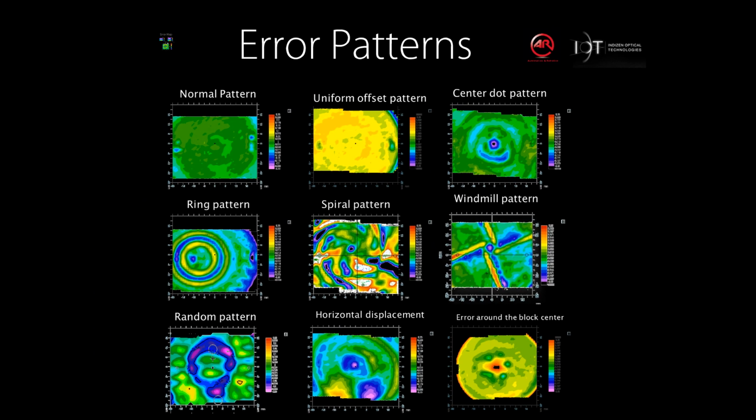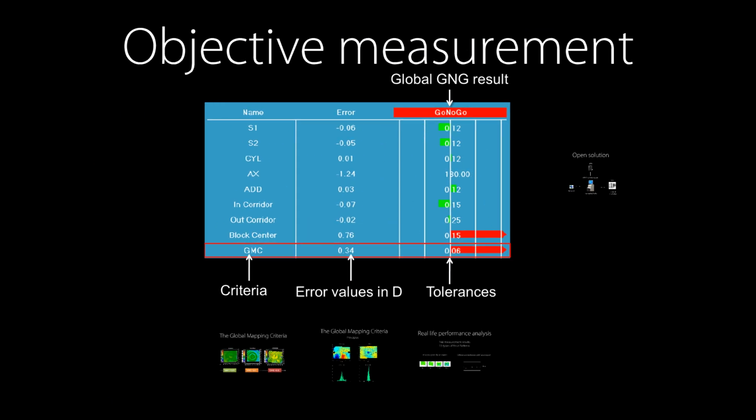And the importance of this error can be objectively quantified using the go-no-go feature of the Dual Lensmapper. It includes different criteria. Each criteria provides an error value and a tolerance, leading to a go or no-go decision. Note that we provide an open solution.